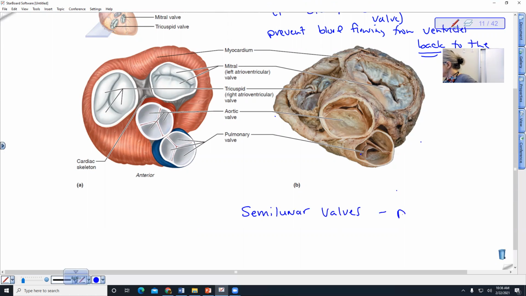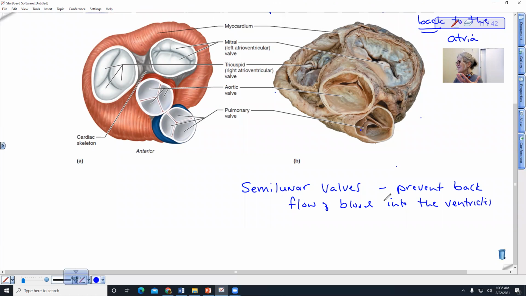So these prevent backflow of blood into the ventricles. So there's 2 of these that describe what blood vessel they're preventing backflow from. So we have, for example, the aortic semilunar valve, and we have the pulmonary semilunar valve.